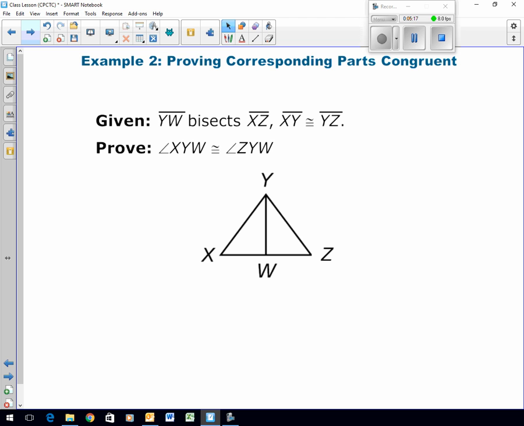That's all we got. Help me out here. You've got to write this one down. I'm given that YW bisects XZ. I'm also given that XY is congruent to YZ. Write this one down.